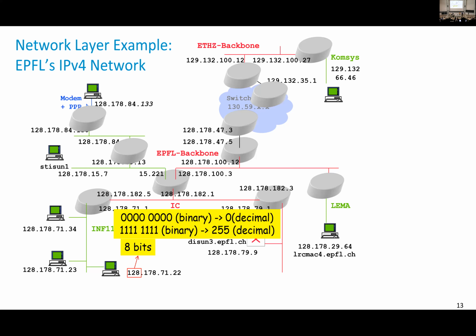Regional for the IETF means Europe, for example, is one region. So Europe receives one block of addresses, which it then gives to different operators in different countries. And long, long ago, also big enterprises or campuses like EPFL could receive their own block.